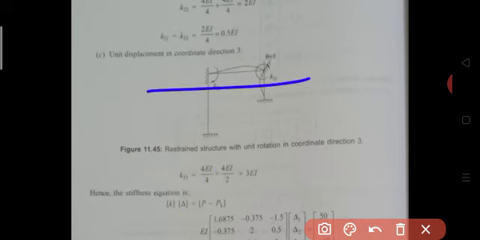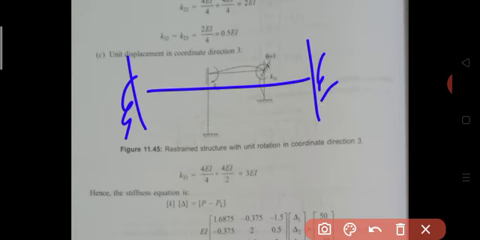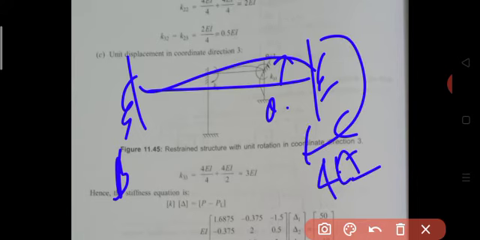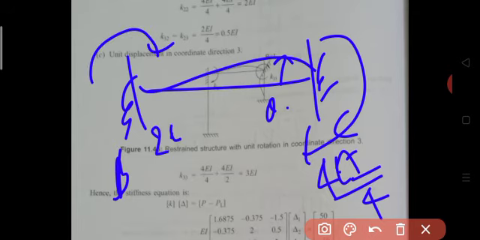Then consider BC. This is B, this is C. In this case we are permitting unit clockwise rotation at joint C. Therefore, you get an end moment of 4EI by L, that is 4 meter, at joint C, and 2EI by L, 4 meter, at joint B. Here you may get some vertical reaction, but it is not necessary.